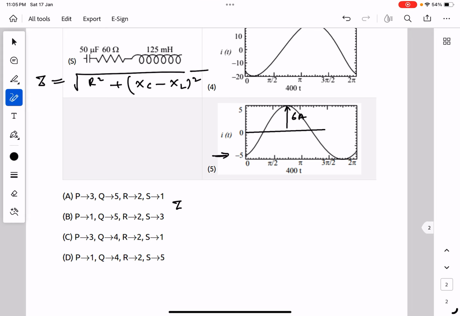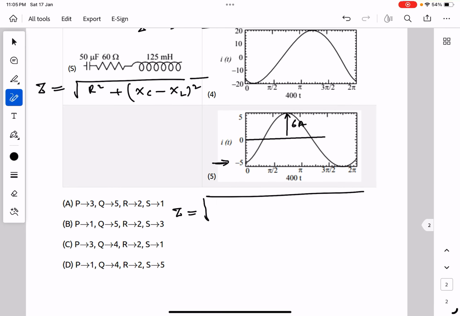This will give us Z equal to root of, resistance is 60, XC is 1 upon omega C, omega is 400 and capacitance is 50 microfarad, 50 into 10 raised to the power minus 6, minus omega L, omega is 400 and inductance is 125 millihenry, so 125 into 10 raised to the power minus 3.